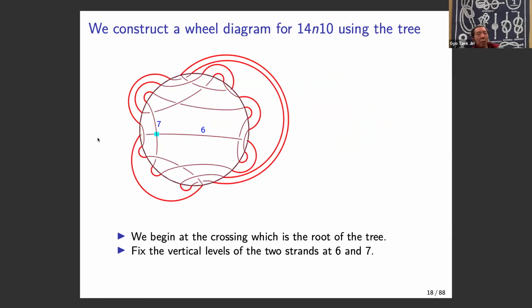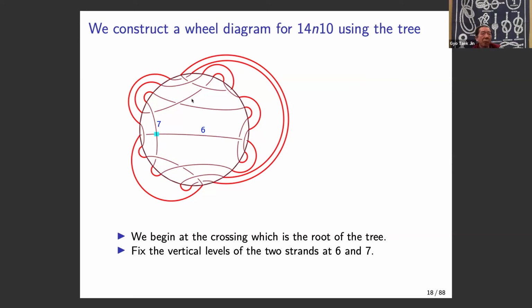So we construct a wheel diagram for this 14n10 using a tree. The root is marked here, and then we assign heights 7 and 6 for this crossing: for the overpass we give 7, and for the underpass we give 6.